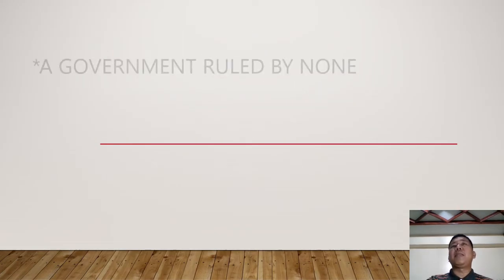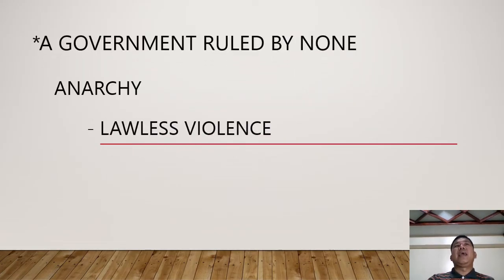What is a government by none? An example of government by none is anarchy. What are the characteristics of an anarchic government? One is lawless violence. If there is no particular ruler in a government, there could be anarchy. There could be lawless violence.